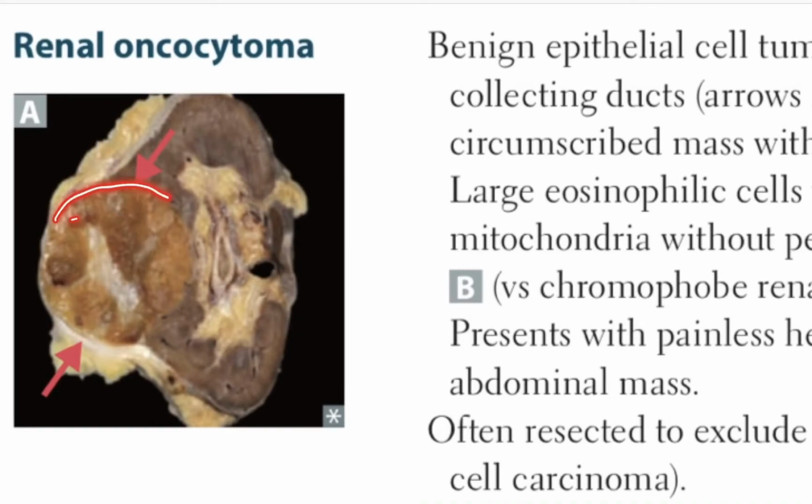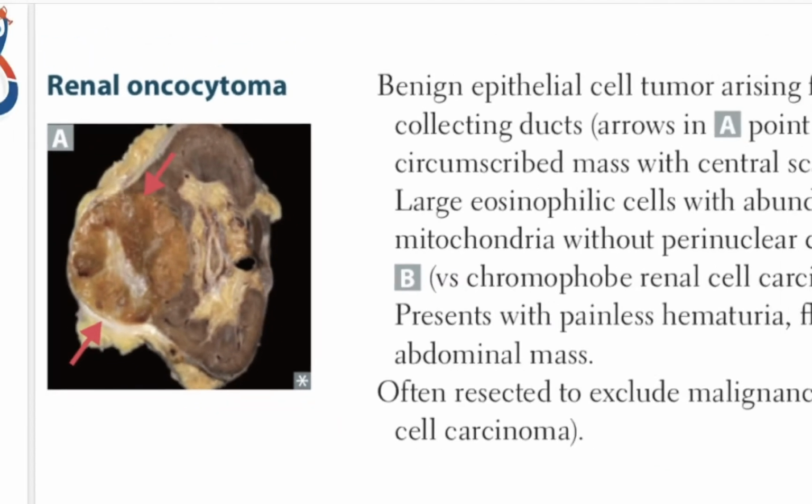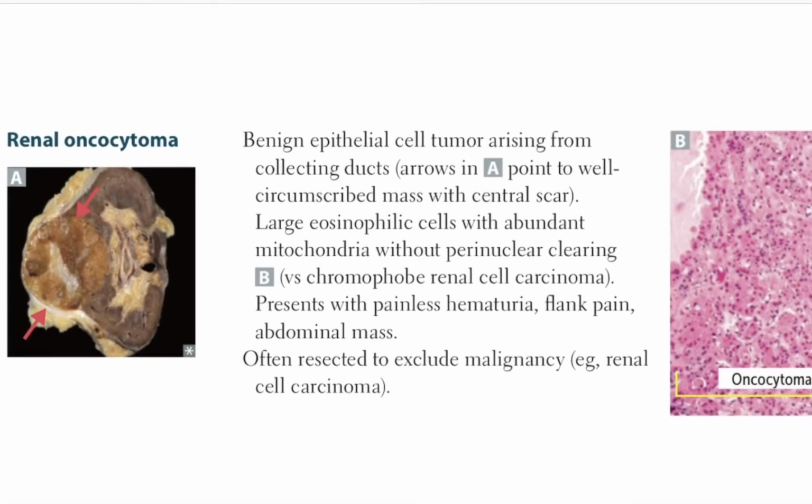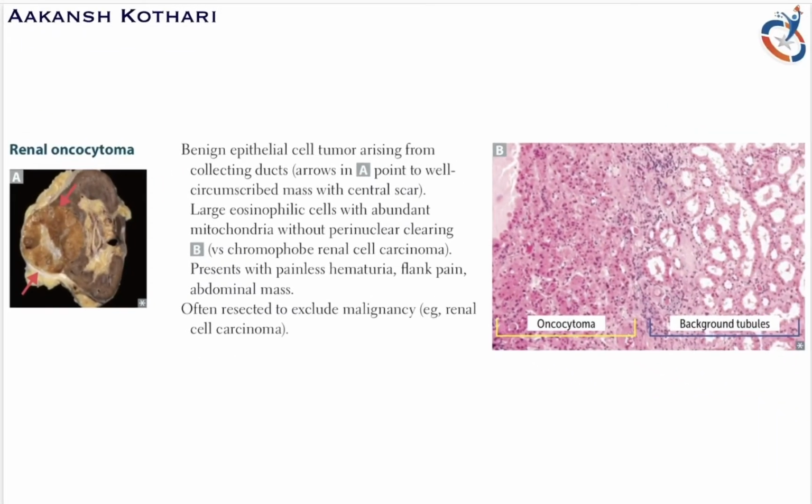Let me just show you how the renal oncocytoma looks. You can look at this discoloration. This is the primary renal oncocytoma. It has a central scar and peripheral tissue damage. Now it is largely eosinophilic with abundant mitochondria without perinuclear clearing.